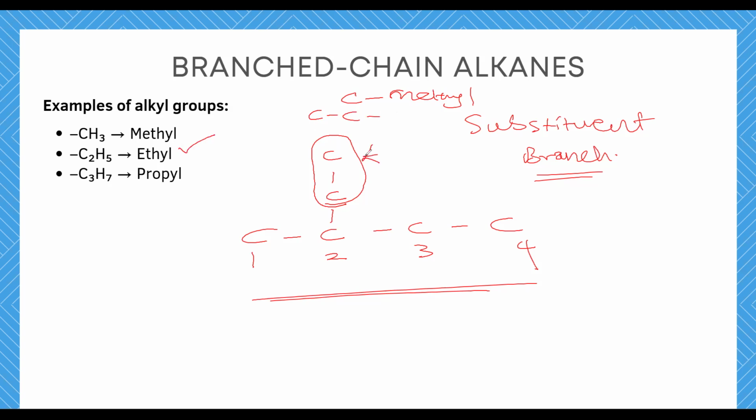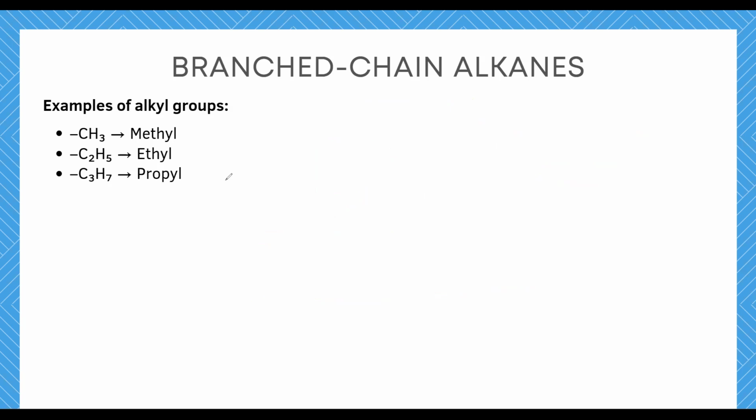So in this case, how many carbon atoms are forming the branch? Two. Good. So the name we use for this branch is ethyl. Did you see that? Yes, sir. If there were three carbon atoms forming the branch, we use the name propyl.